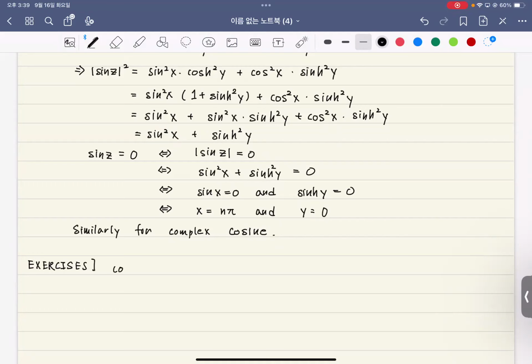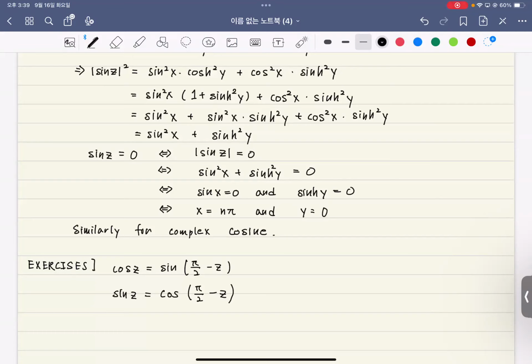They are not a big deal, but complex cosine is sine of pi over 2 minus z, and complex sine is complex cosine of the same thing. So these are easy. These are some basic identities involving the complex trig functions.